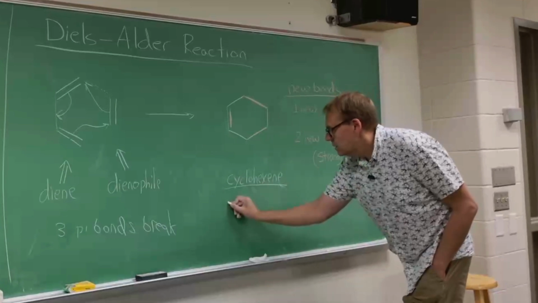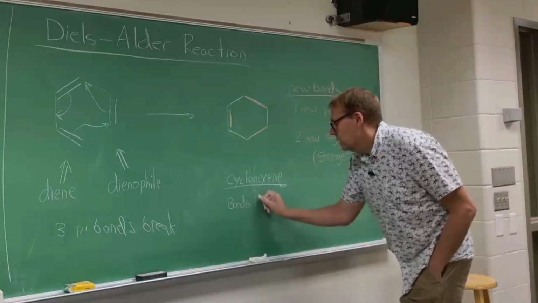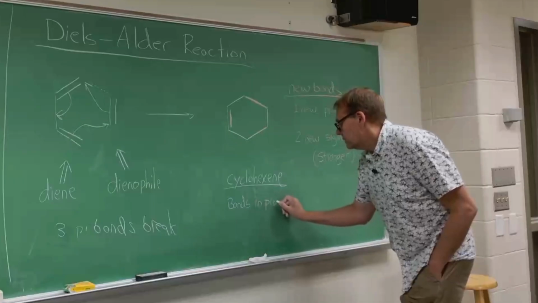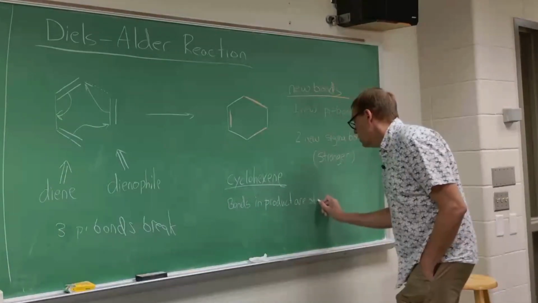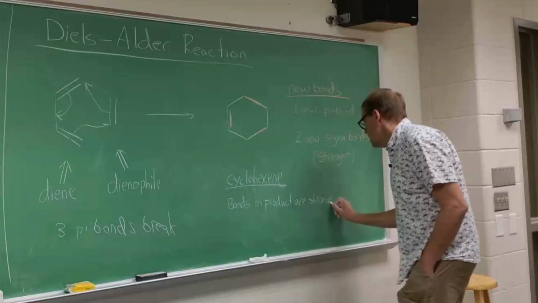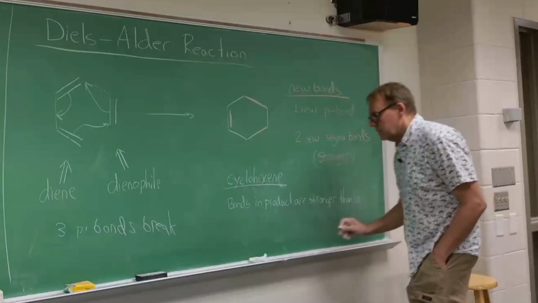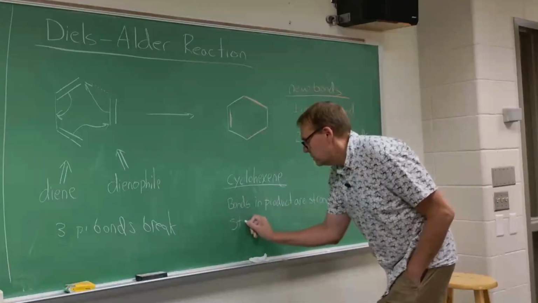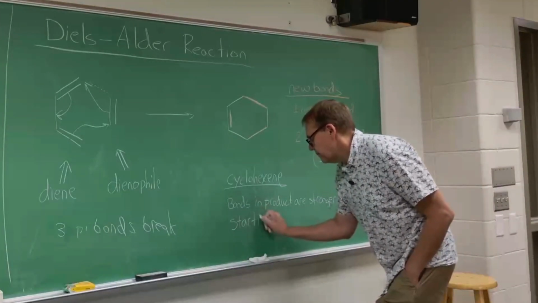Cyclohexene: bonds in product are stronger than in starting materials.